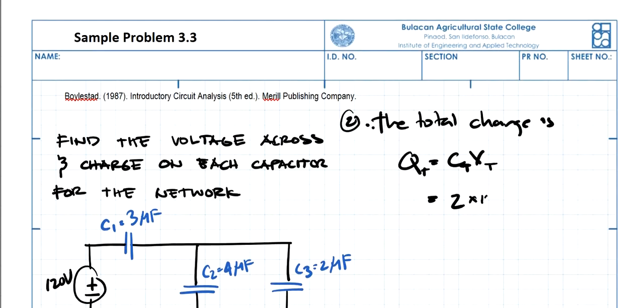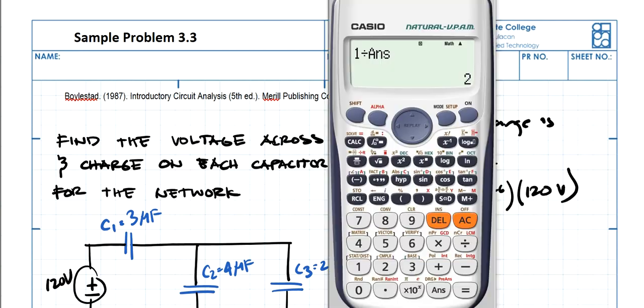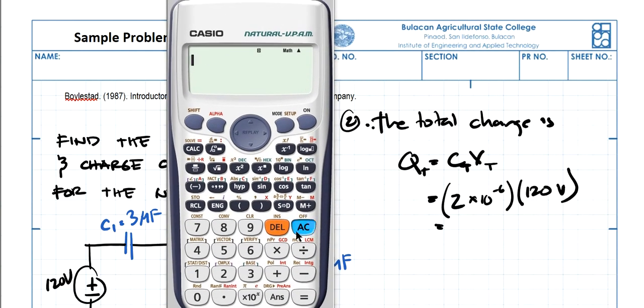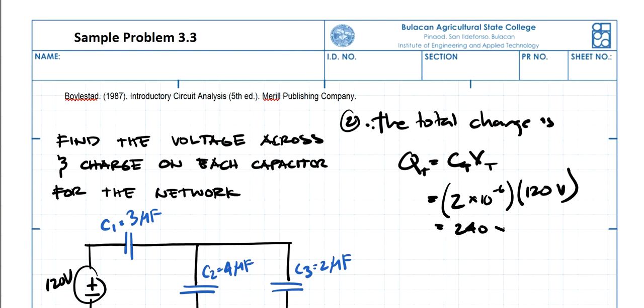So 2 times 10 to the negative 6 times 120 volts is 2.4 times 10 to the negative 4, or in terms of micro, 240 microcoulombs.